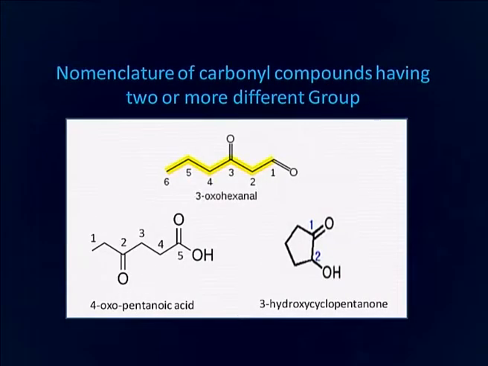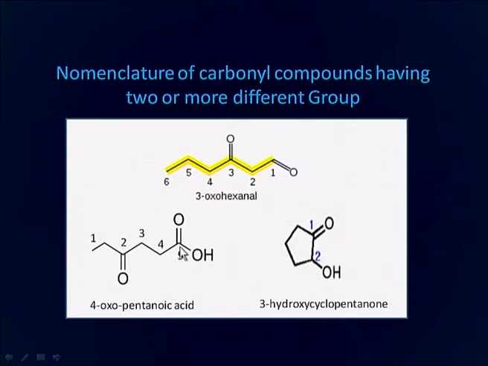As you can see here, we have taken 3 examples. I will take only one of them. This is carboxylic group and this is ketonic group. If I number it from this side, then obviously I will say that the keto group is getting priority, but actually we know according to the priority rule that the priority will be given to the carboxylic group.